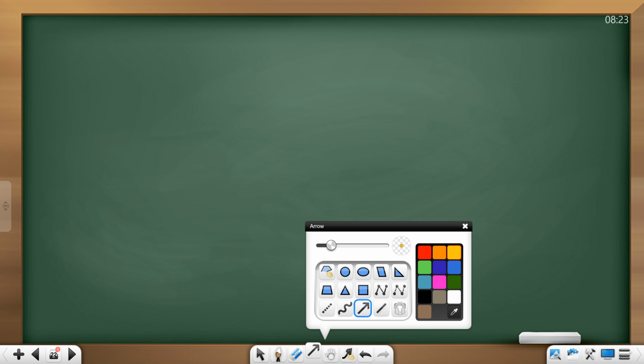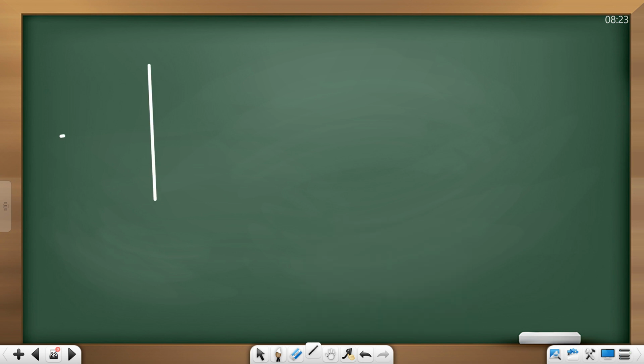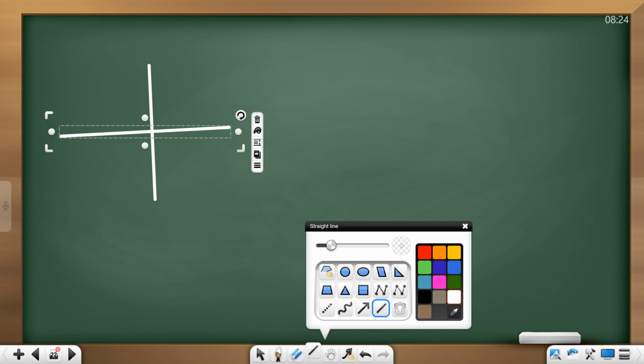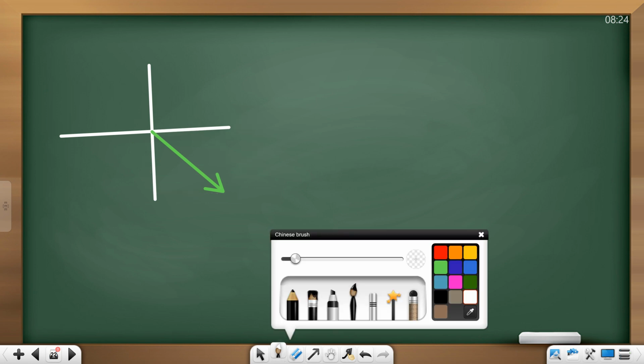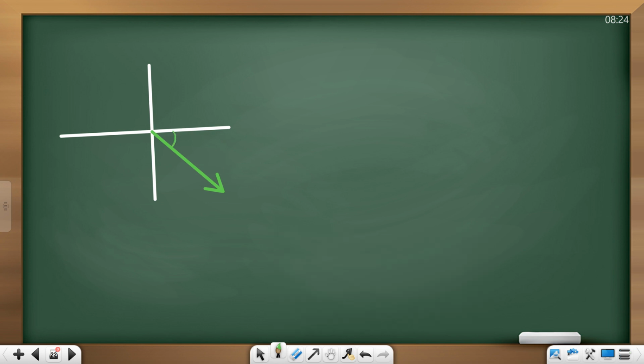So let's find the component of this force. Let's make it 50 newtons.